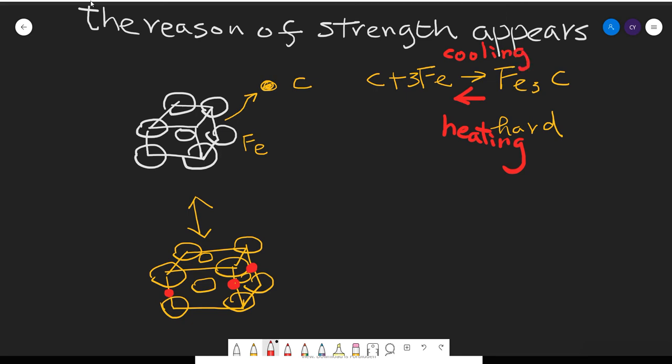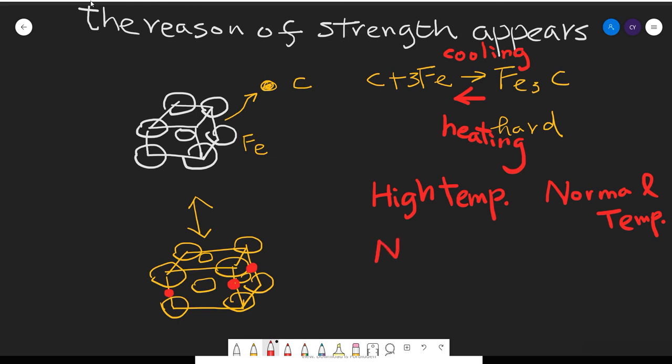So in this case, there is high temperature and normal temperature. In high temperature, no carbide. In normal temperature, with carbide.